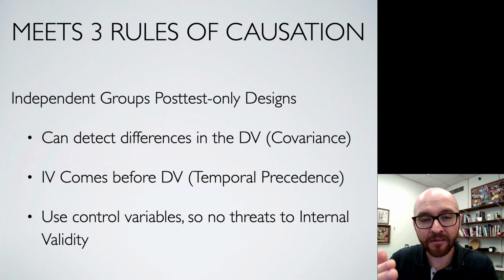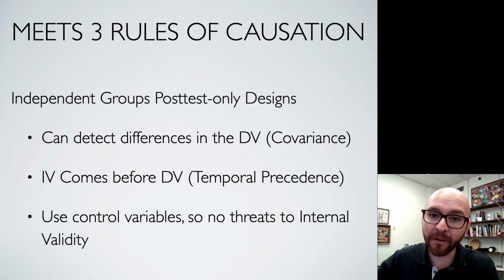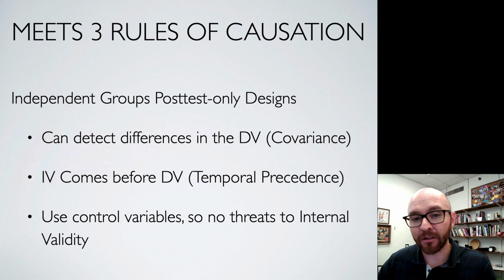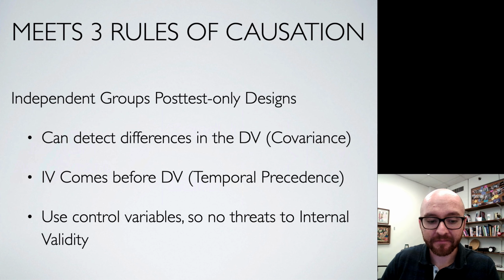So using the coffee example, if you only had a coffee group, you can't say anxiety is higher when caffeine is there versus when it's not there without that comparison group. You need that comparison group to be able to say, okay, when caffeine is there, people are more anxious than in the control group when caffeine is not there.